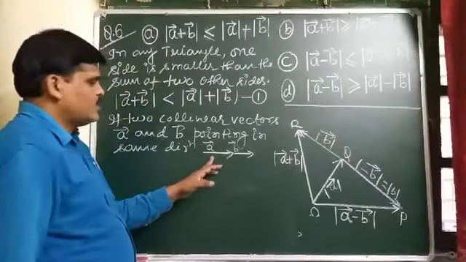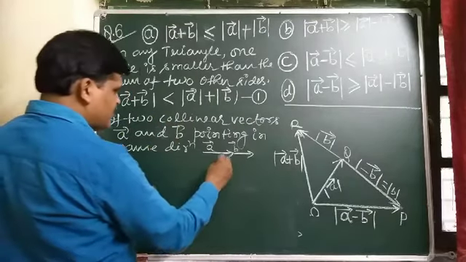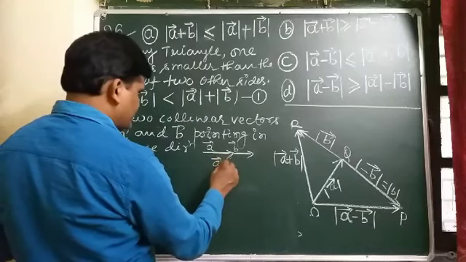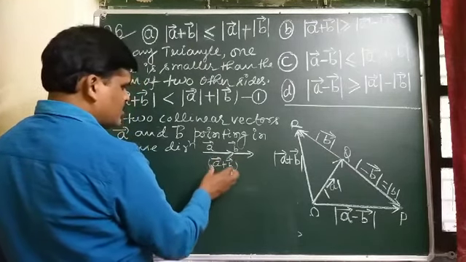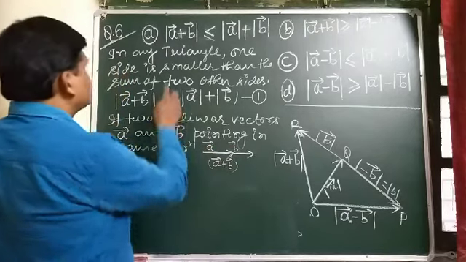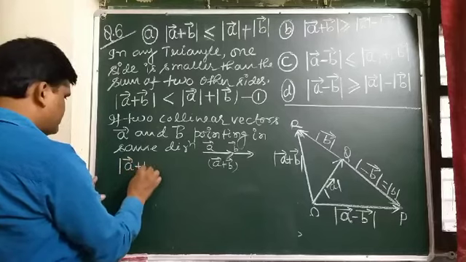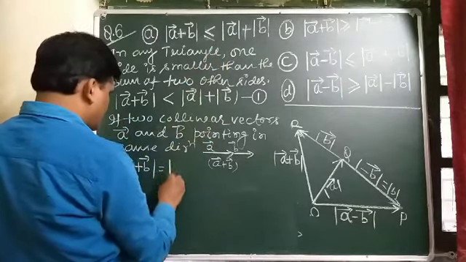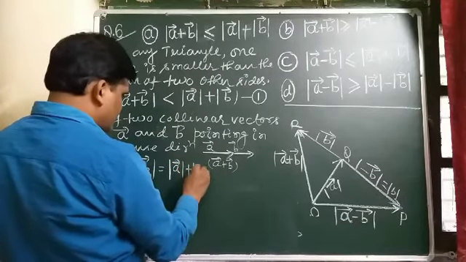So student, we can write their sum as vector A plus vector B, and the mod of this we have to prove: mod vector A plus vector B equals mod vector A plus mod vector B.